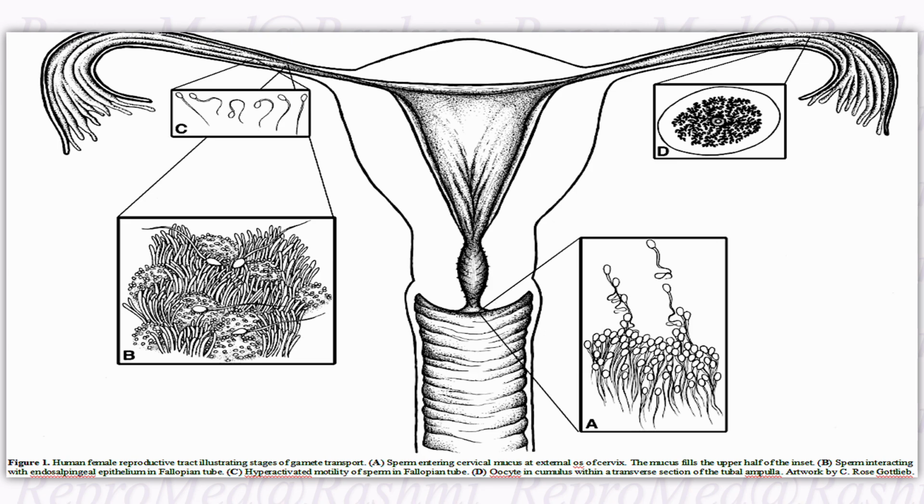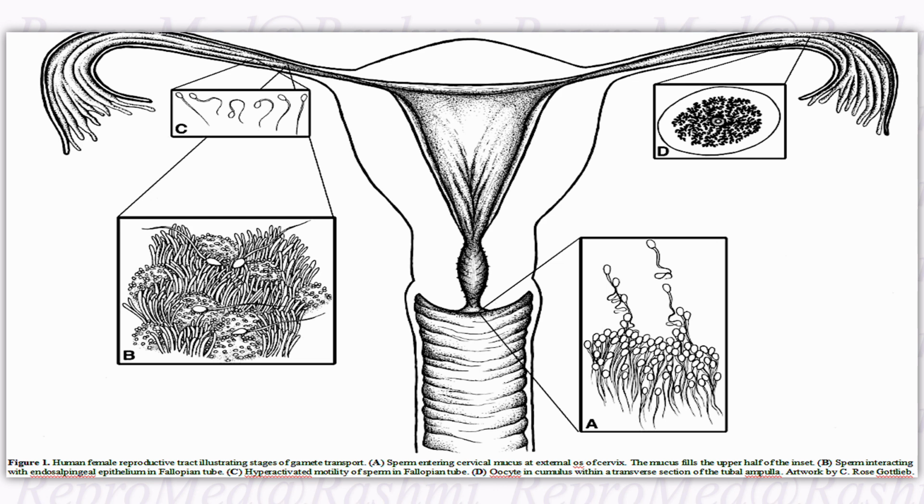The female reproductive tract is shown in this image, which is illustrating the stages of gamete transport. This is a nutshell of all the discussion which we have done. In image A, we can see the sperm entering the cervical mucus at the external os of the cervix. The mucus fills the upper half of the inset, which we can see here in the box.